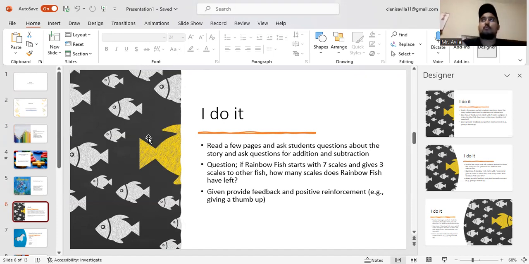That's equal. Who can tell me what we're doing? Addition or subtraction? It's giving 3 scales to other fish. The student's gonna say subtraction. Who can tell me the final answer? Raise your hand. And then the student will say 4. I'll provide feedback and give them a thumbs up.